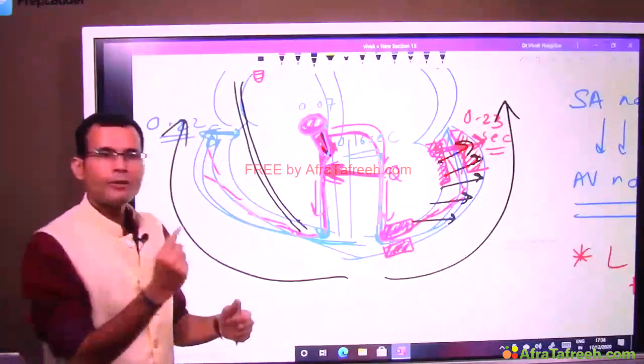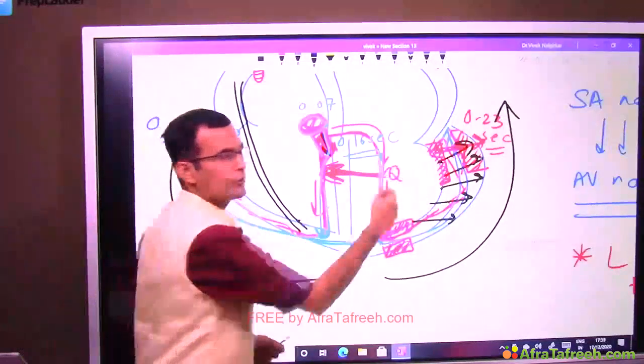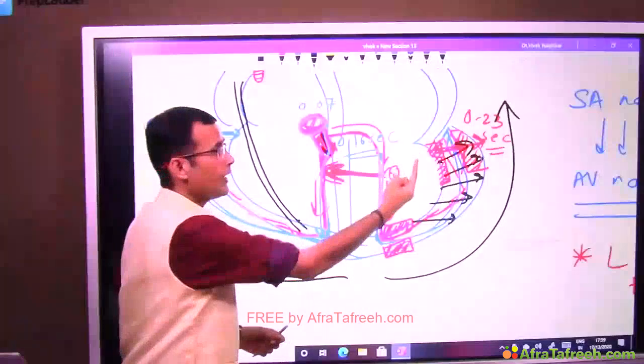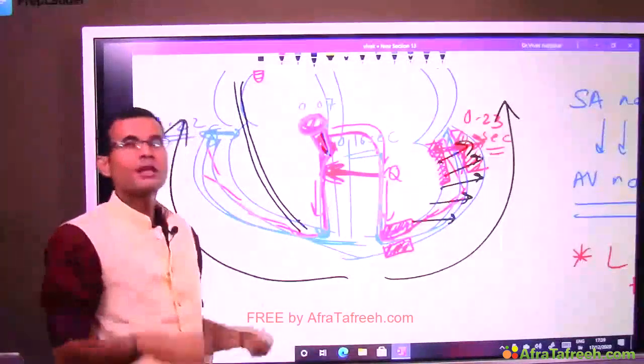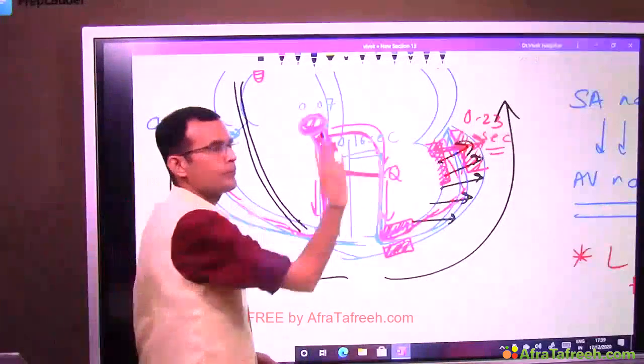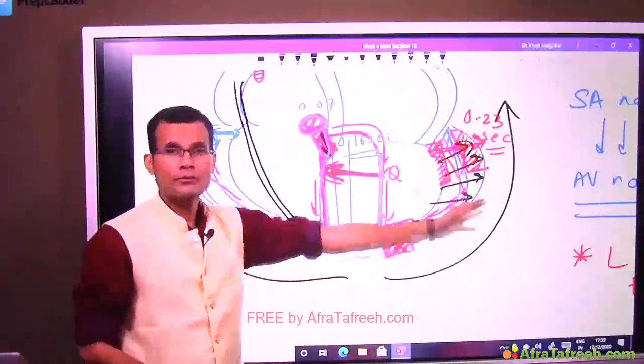In fact, it travels in a spiraling manner, going from inside to outside, and at the same time towards the base. And so the last to depolarize is epicardium of the base of the left ventricle.